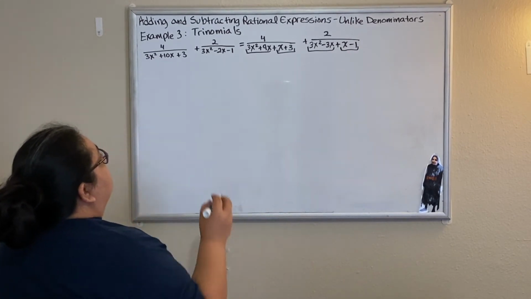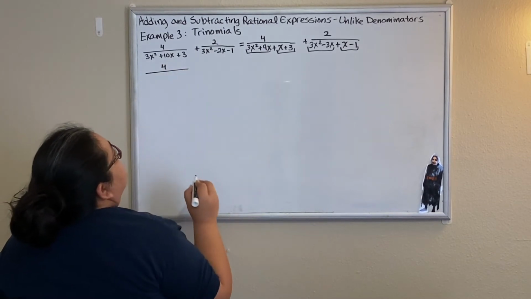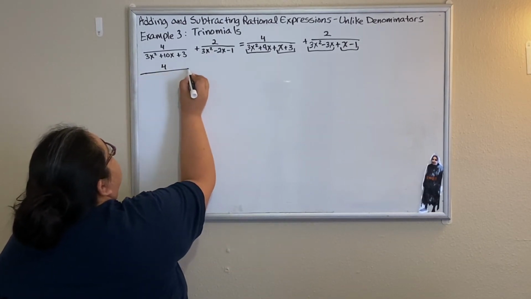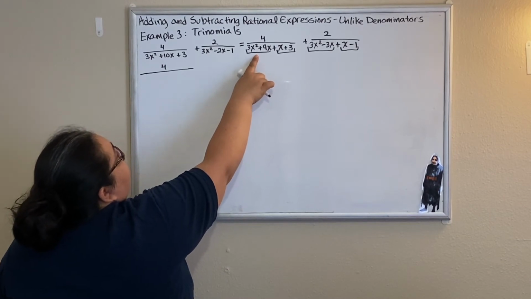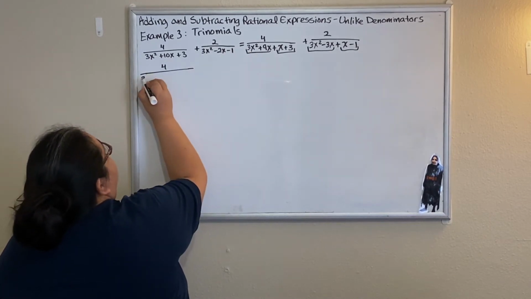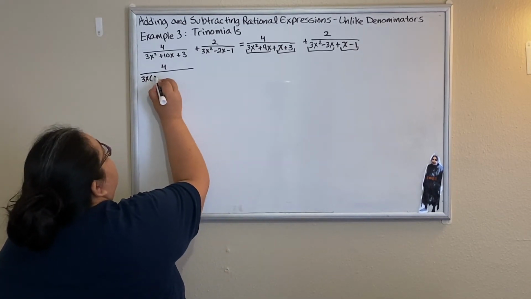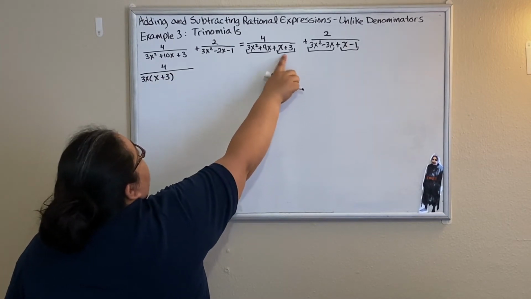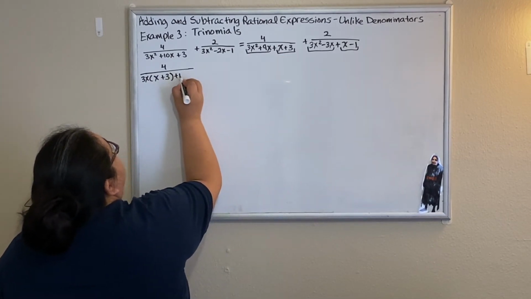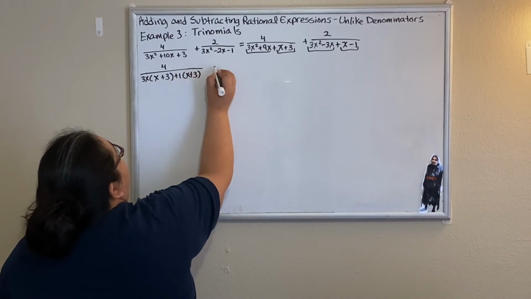So the first step, we're just going to rewrite the 4. No need to change anything yet. We're just rewriting. And here in the first part of the group, we can factor out a 3x. So we're going to factor out 3x, open a parentheses, and that's going to leave us with an x plus 3. In the second part, there's really nothing to factor, so we're going to factor out a 1, and again, that leaves us with x plus 3.